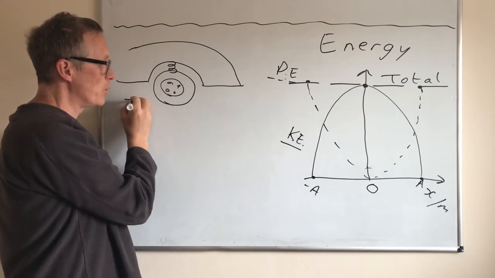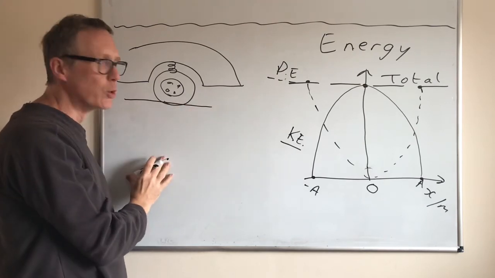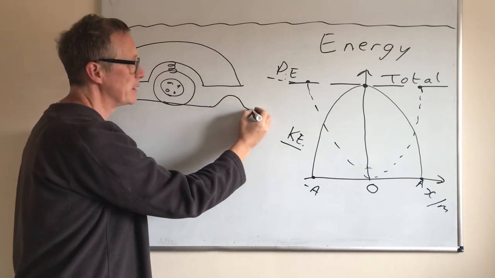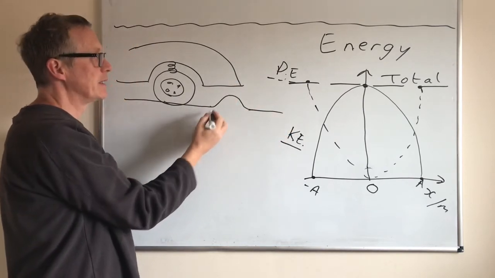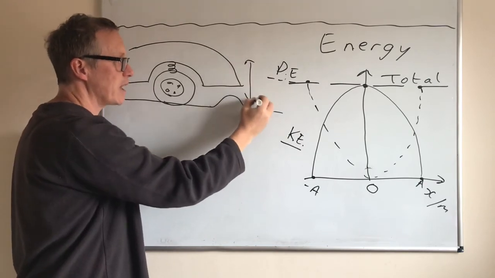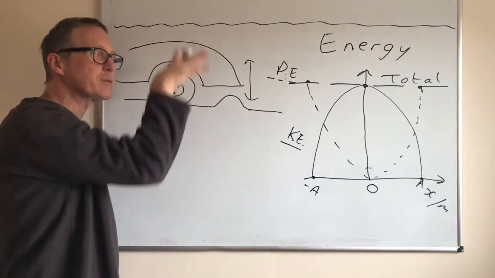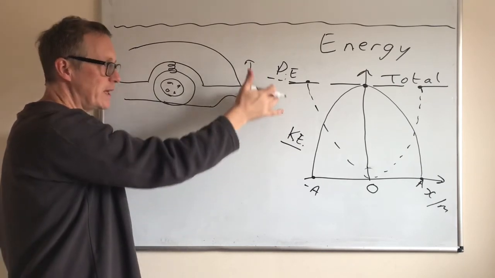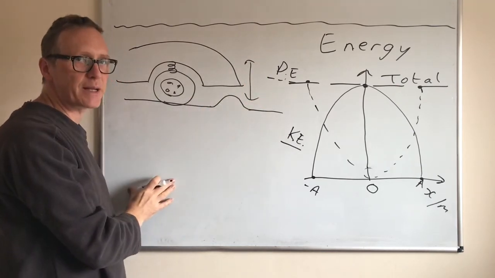Now, if the car were going along the road in Newham, where we like a lot of speed humps, so here's a speed hump, and the car hits the speed hump, the car would start oscillating up and down, bounce, bounce, bounce, as the kinetic energy of the car went in and out of the potential energy of the springs.